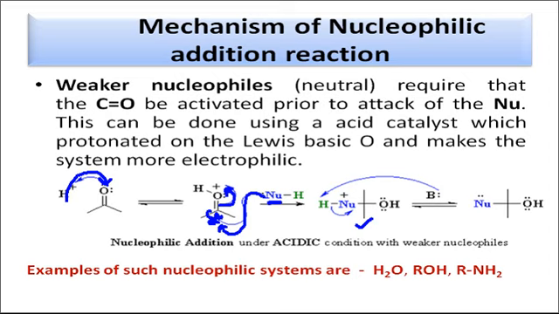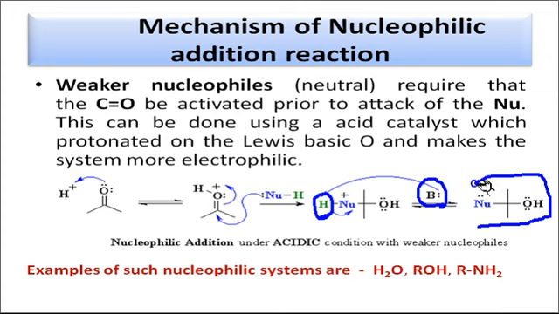And in the last step, in presence of the basic part, this H is removed. When this H is removed, finally the alcohol derivative is formed, and this H is removed into the solution, which is the acidic solution, as H plus.